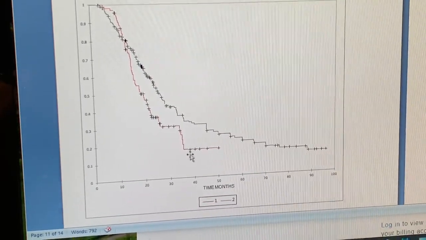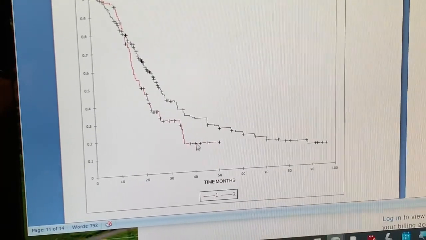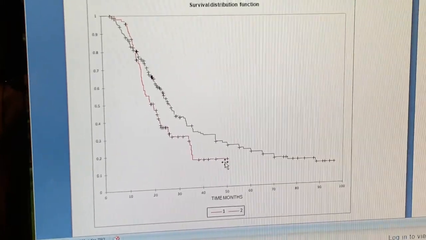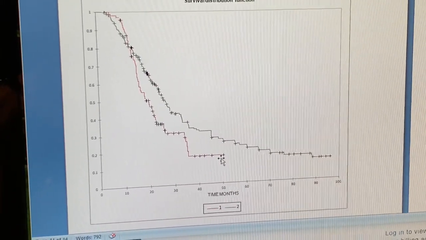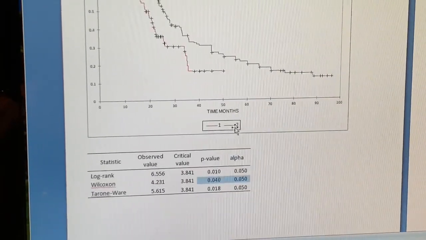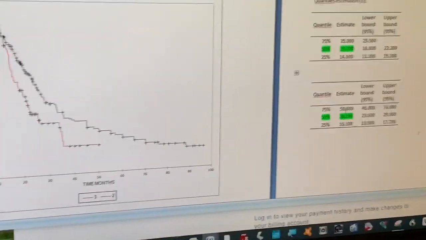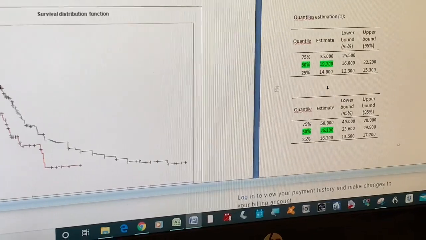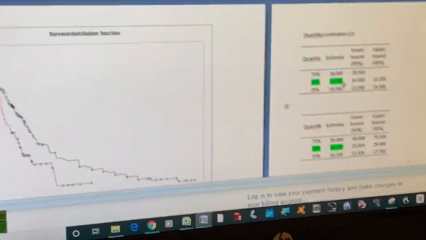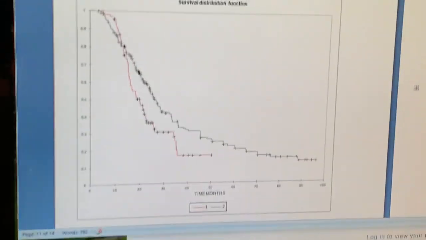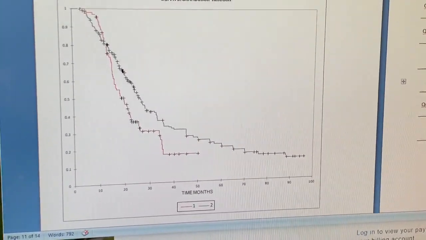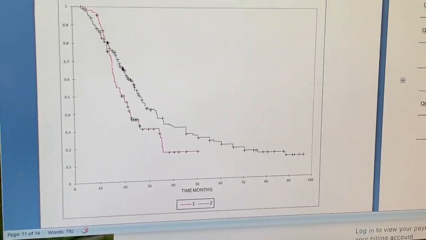So I gave the control arm long-term censors here to give some credence to perhaps a crossover effect. Basically, this is what I think may be happening, and it's my best hypothesis that the overall survival curves will carry a statistically significant benefit, favoring the experimental arm.